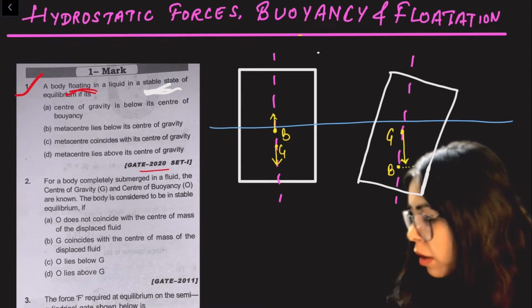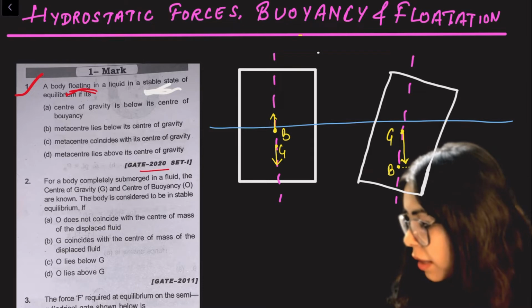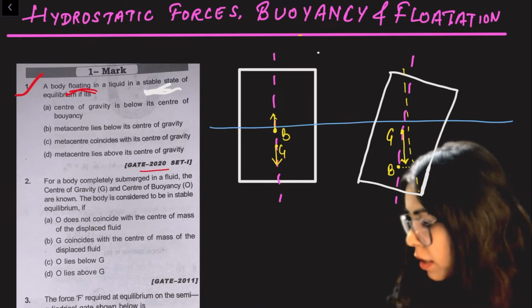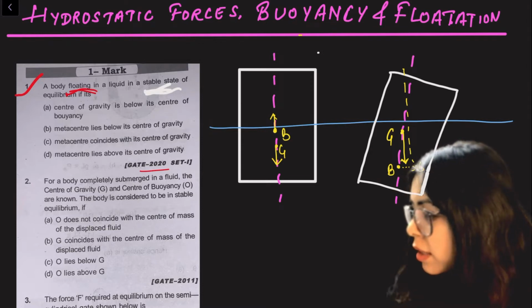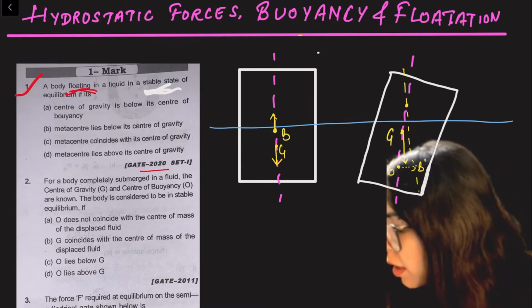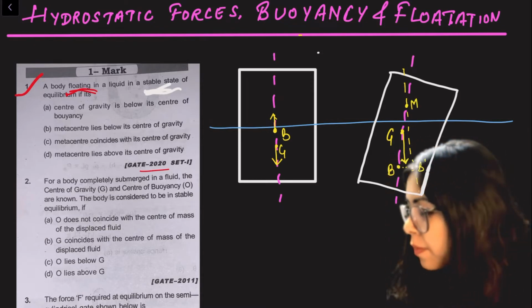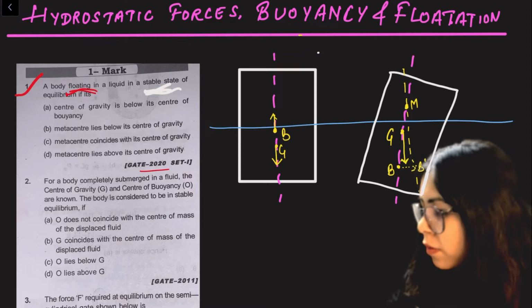Let's say the buoyant force comes to B dash, and this buoyant force meets the center line somewhere here. This particular point we call the metacentric point. So this is the metacenter of the body.